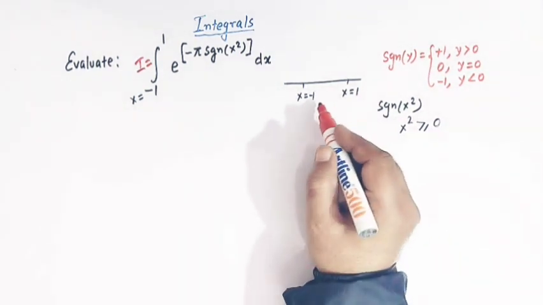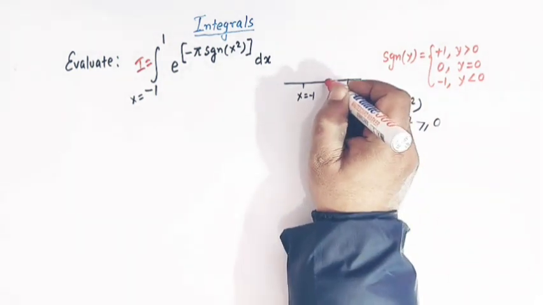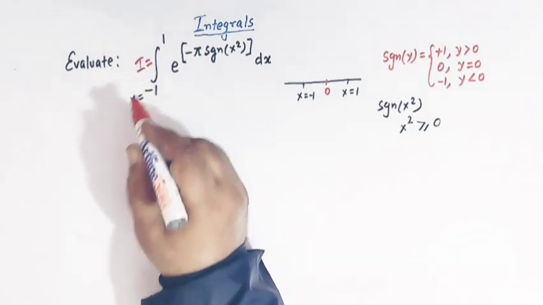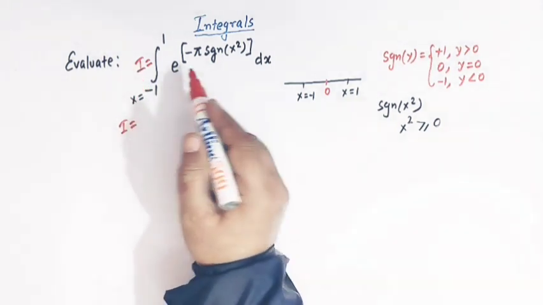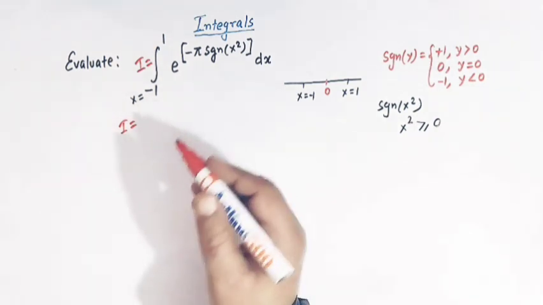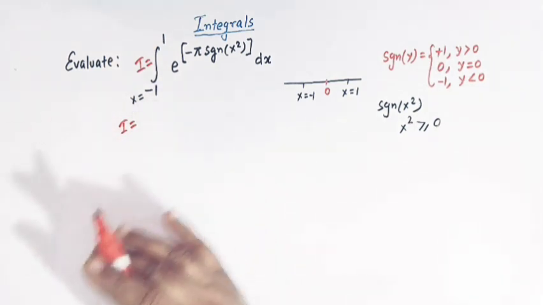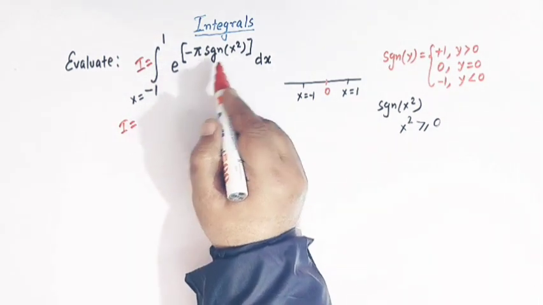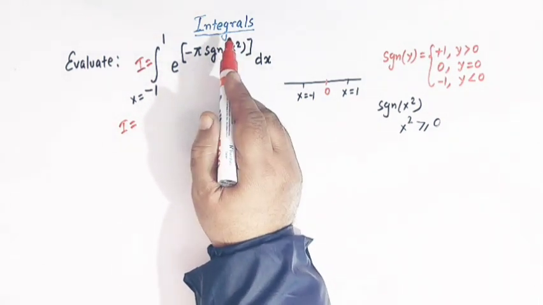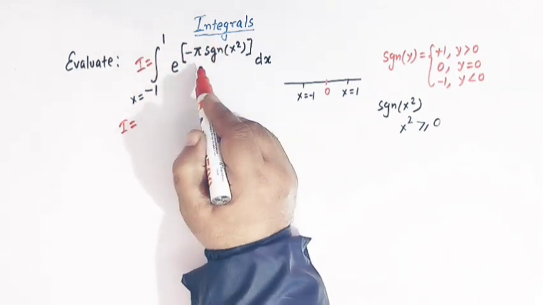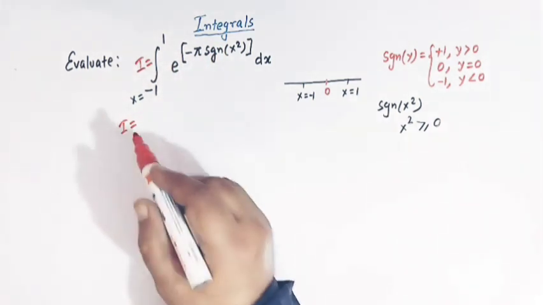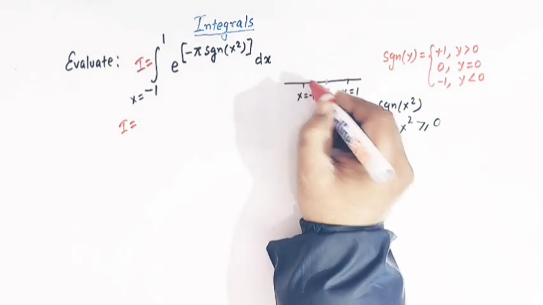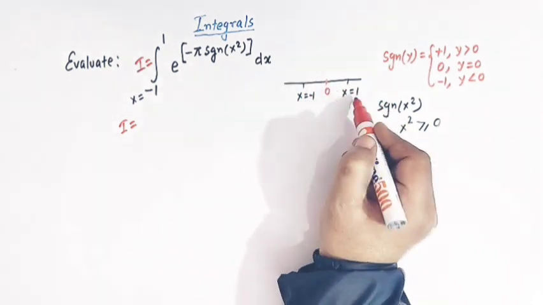So now between minus 1 and 1, we have the integer 0, right? So here we can split this integral as a sum of two integrals, right? We can also use one important property of definite integrals to simplify this integral, but here we'll take this method, right? So here we have 0 between minus 1 and 1.